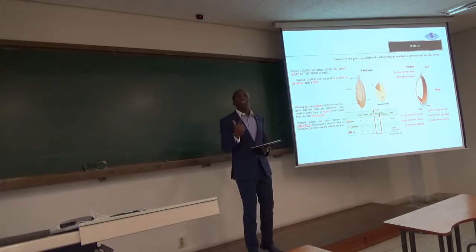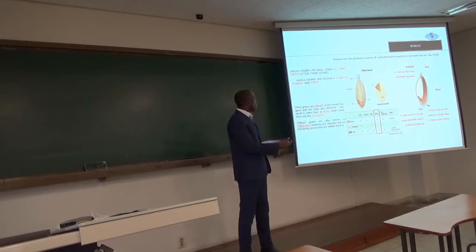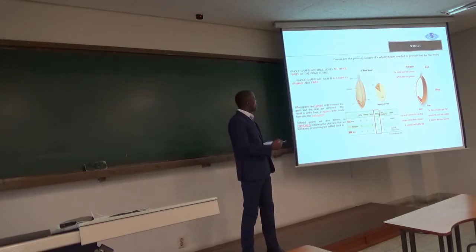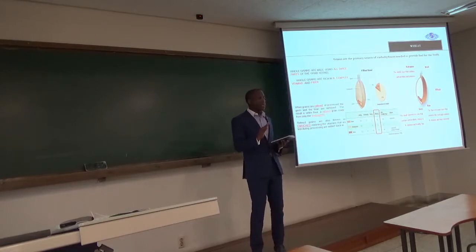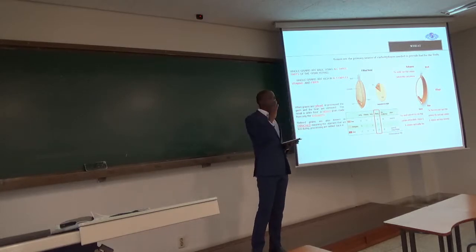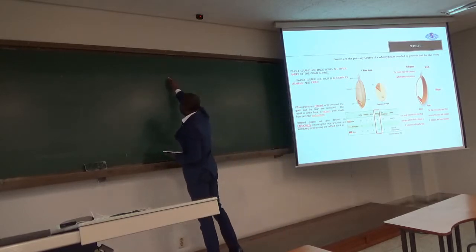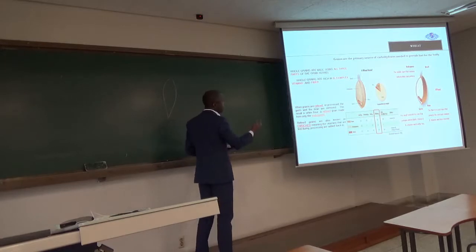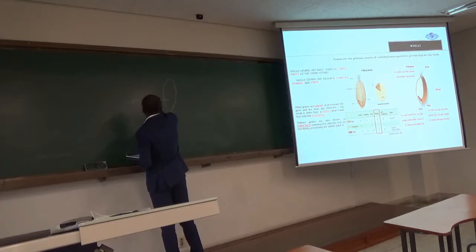So what is the difference between the two? If you look at the picture, it doesn't really show the whole thing properly. It shows the whole grain here, right? Basically, with the whole grain, we did not remove anything. It is the original grain. That original grain has all the nutrients that you need. If I have to draw something, we have the grain here, the interior part that we call the endosperm.